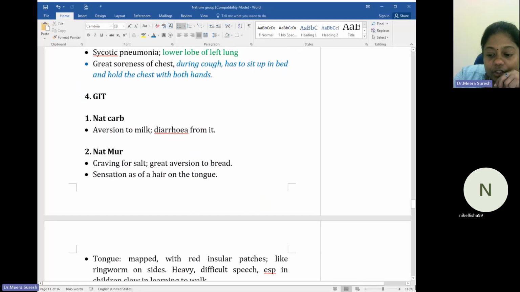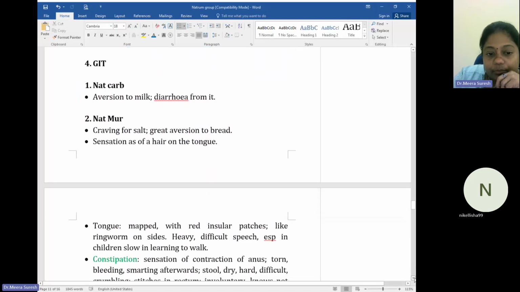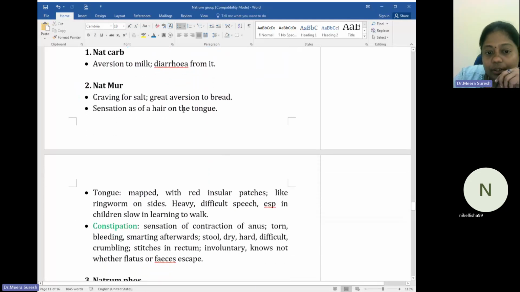But because there were interesting GIT symptoms for other drugs also, I put them over there. In case of Natrum carb, they have aversion to milk and have diarrhea from it. In case of Natrum mur, the cravings we have put are for salt, or great aversion to bread, but that salt or bread will bring complaints for them.